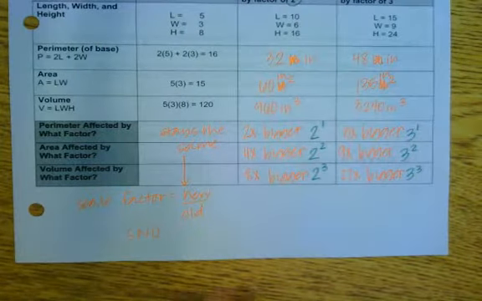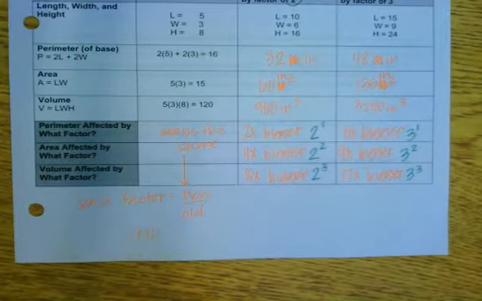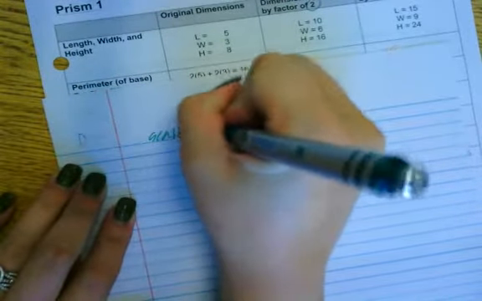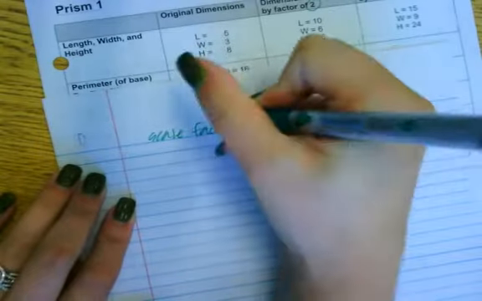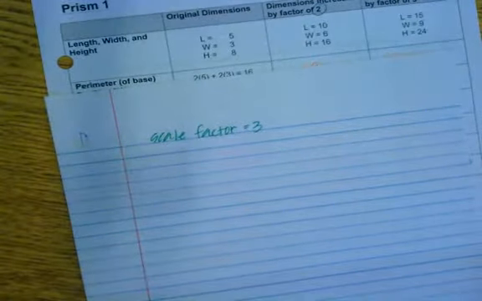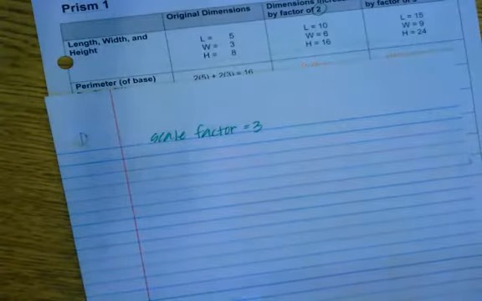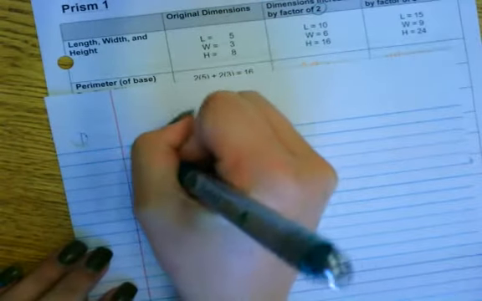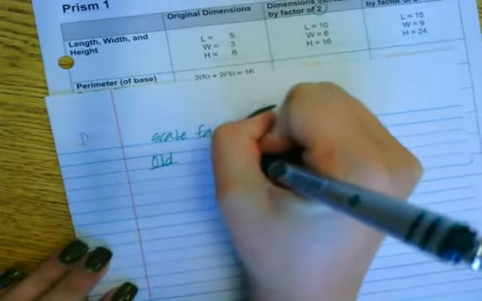Okay, so if I were to use your notebook paper, I'm going to make you a little table. I'm telling you that our scale factor is 3. How do we find scale factor? What do we just write down? New over old, or SNOW. I'm going to make a little table for you. Old, new.